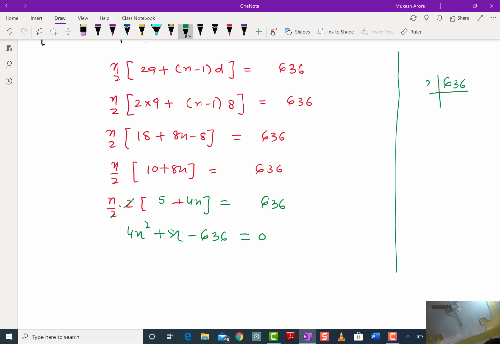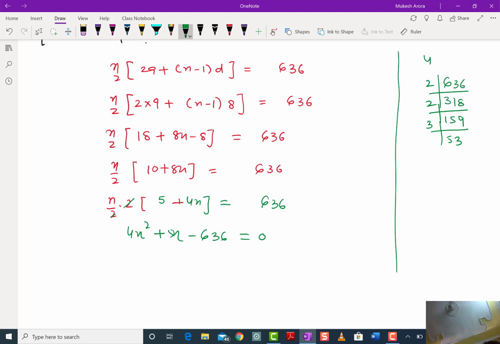Splitting of the middle term: 636 is 2 into 318, 2 into 159, 3 into 53, right? And we have 4 also.